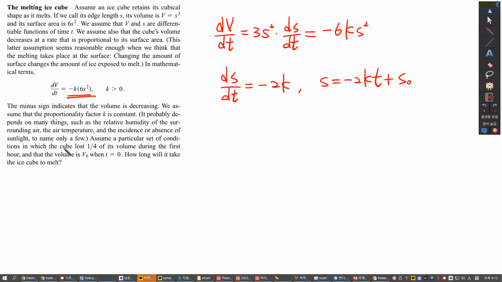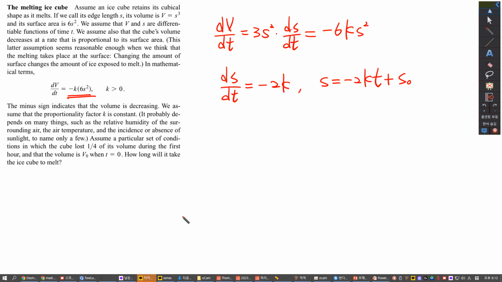And then in this situation, 1/4 of its volume is lost during the first hour. So that means the volume after 1 hour will be 3/4 of the original volume.